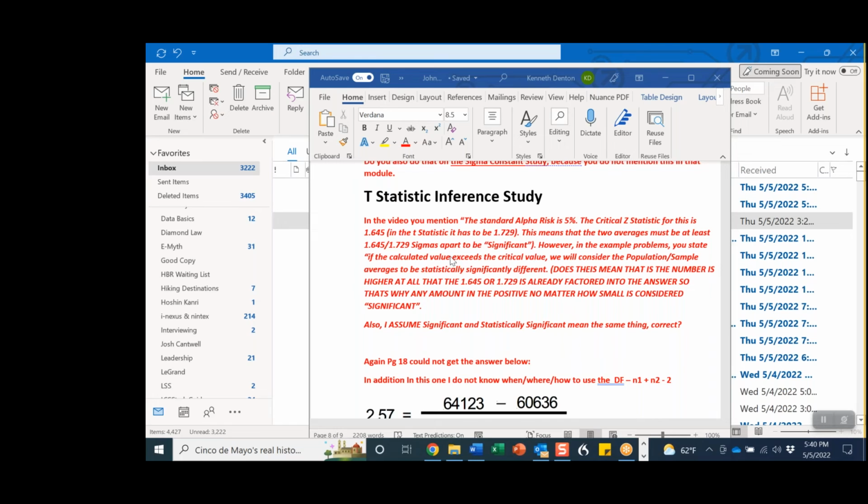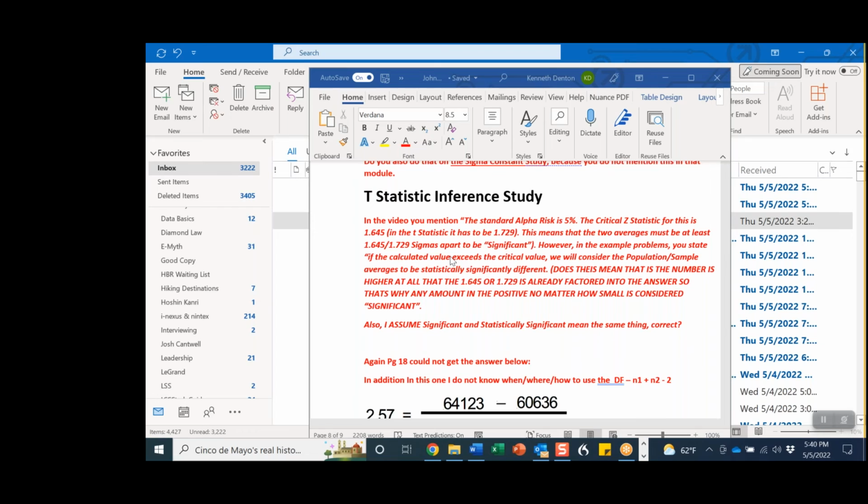So in other words, if you even have like a 0.10 increase over 1.645, in other words, your answer was 0.10, it's actually 1.655, right? In other words, that 1.645 is already included. Is that what it means?